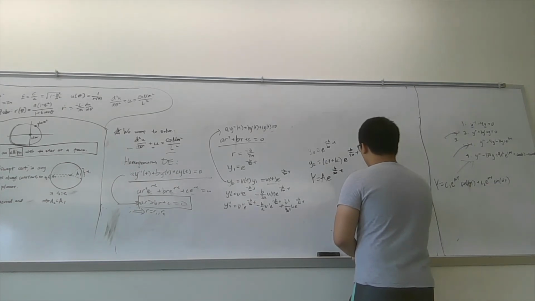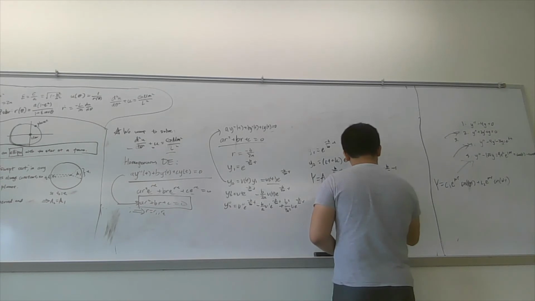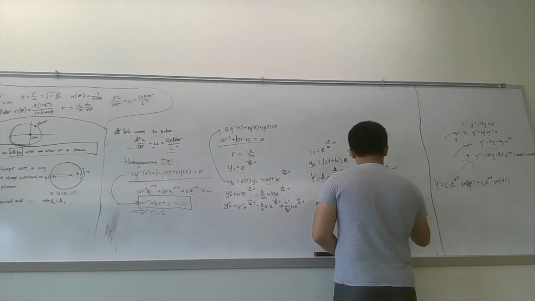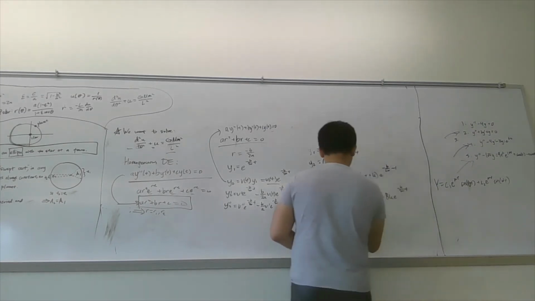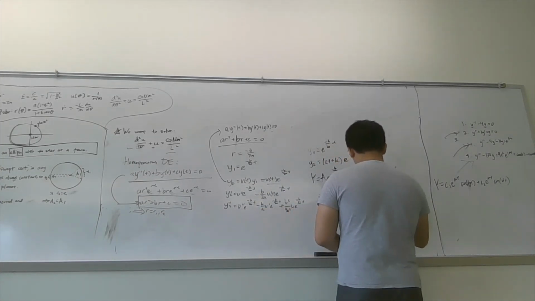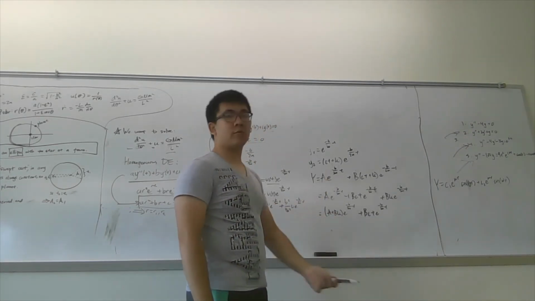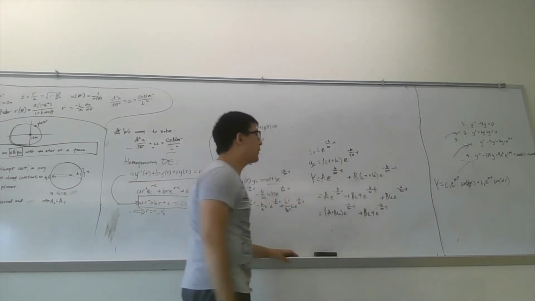And we get this. And so this is just some combination of arbitrary constants, and this is also a combination of arbitrary constants.